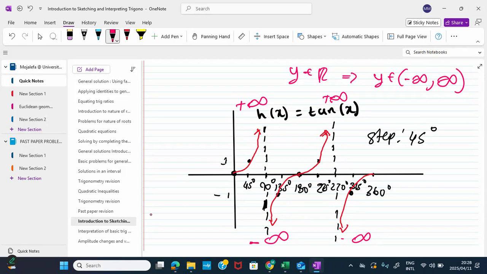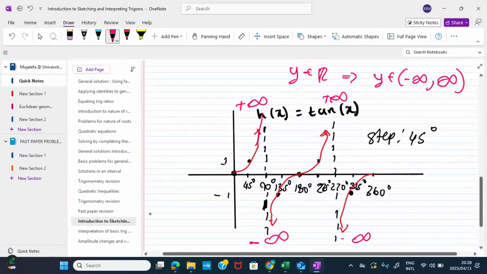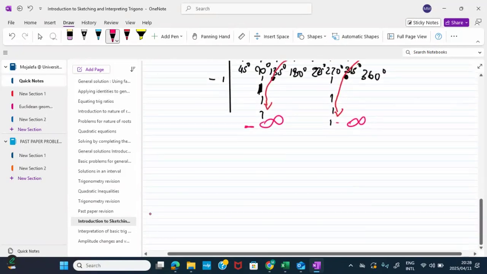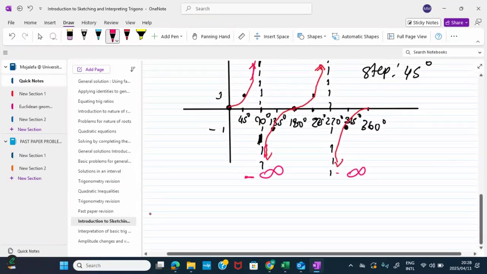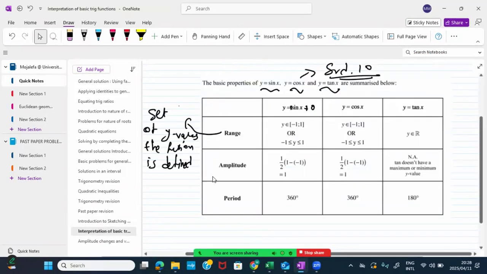So this graph, we can find it everywhere. It can continue all the way up and all the way down, as long as it does not touch the asymptote. So here you can write y is an element of negative infinity to infinity. It's still fine.